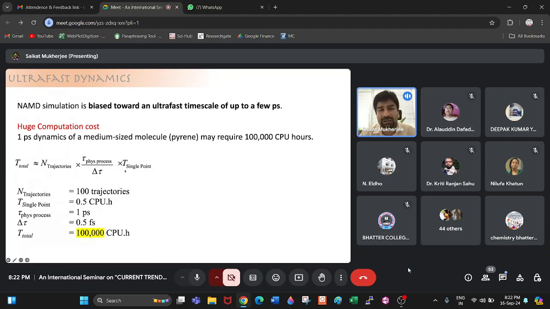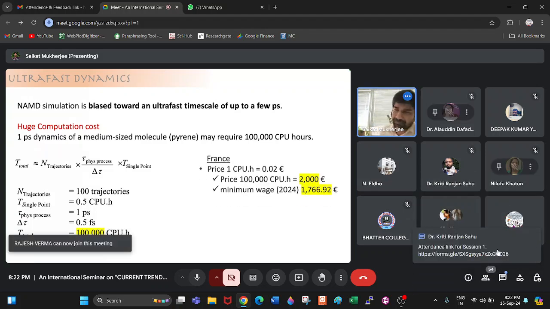And if one single point calculation requires half a CPU hour, that means 30 minutes, as with TDDFT of pyridine with a big functional, then you will have 1,100 CPU hours.